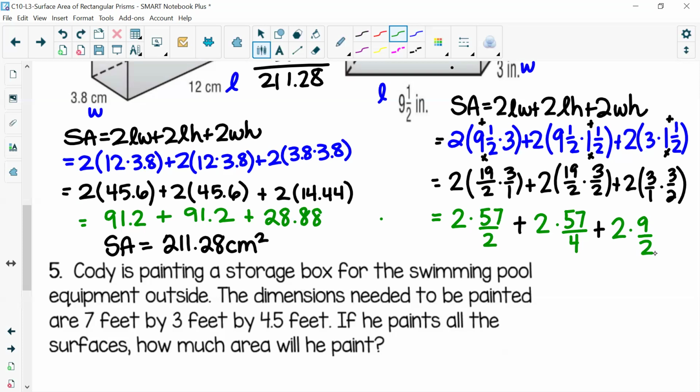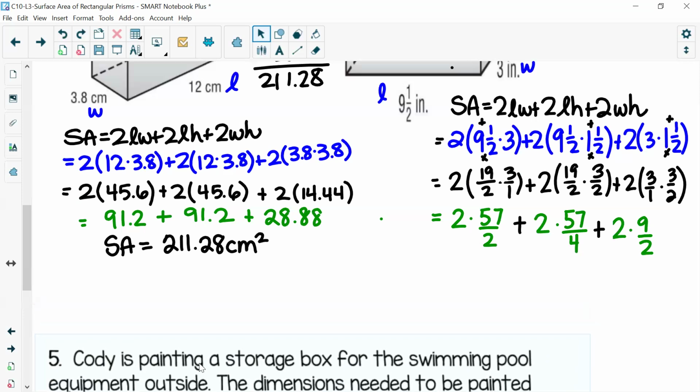Now we're going to cross cancel here. We want to make them smaller. First off, I'm going to try and move this down so that it's not in our way. There we go. Now I'm going to do some cross canceling here.